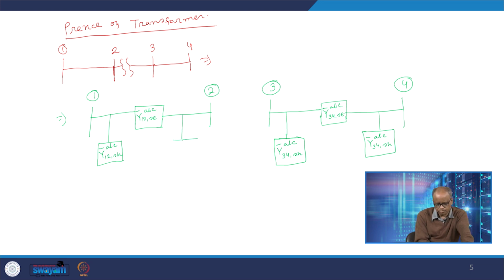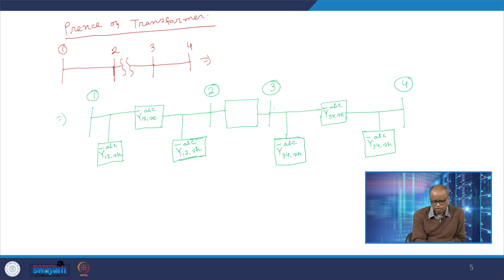Similarly, here also Y12 shunt ABC. So these are, and in between there is a transformer model.